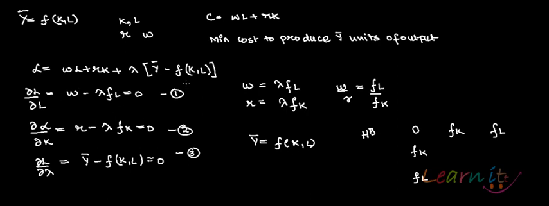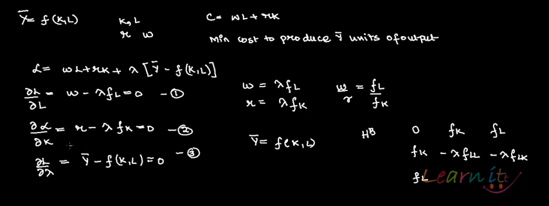you differentiate the first order necessary condition one with respect to L. So you get minus lambda f of LL, and then with respect to K, minus lambda f of LK.